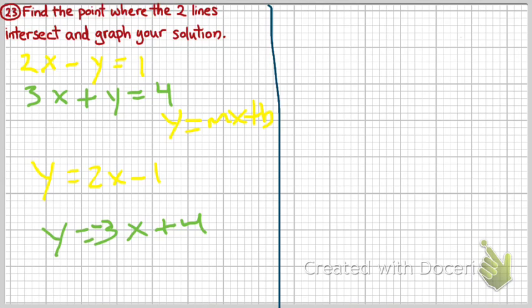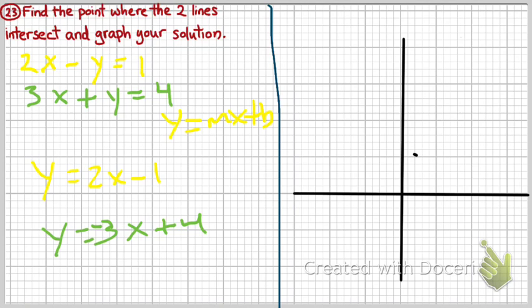And now I want to graph this. Okay, let's try that one again. So let me get my y-axis and my x-axis.